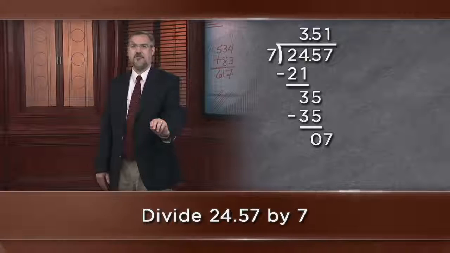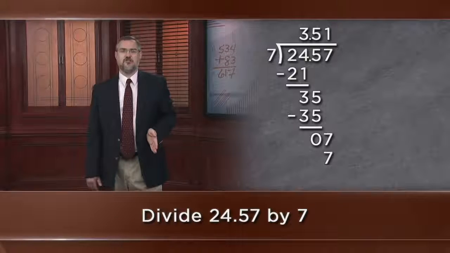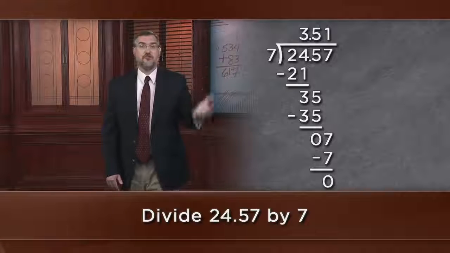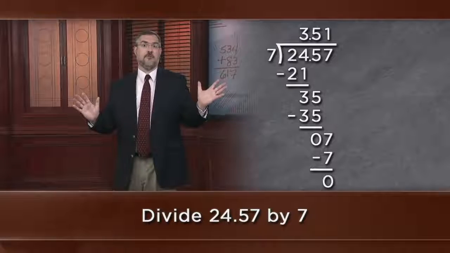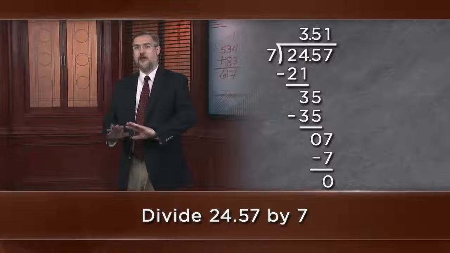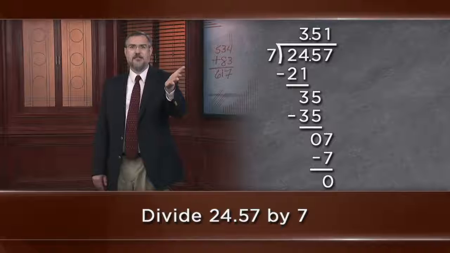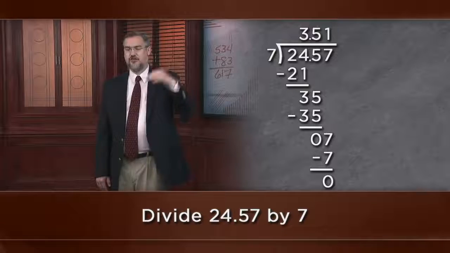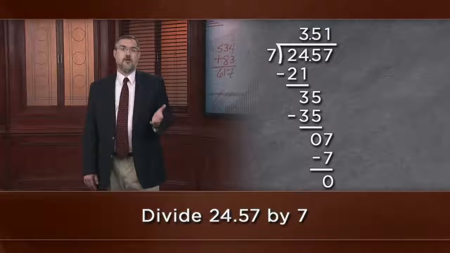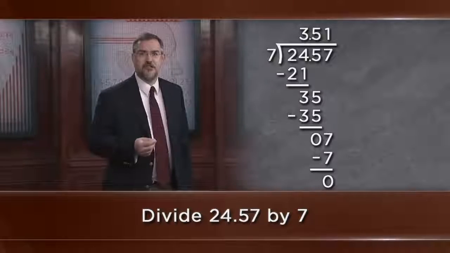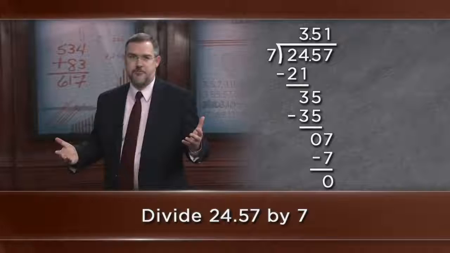I then write a 7 under the 7 in the calculation section, and I subtract to give me 0. I have no other digits to drop down, and so I'm going to stop. And since I have a 0 at the bottom, I know I have no remainder, and my final answer is sitting in the answer section at the top of our work. It's 3.51.